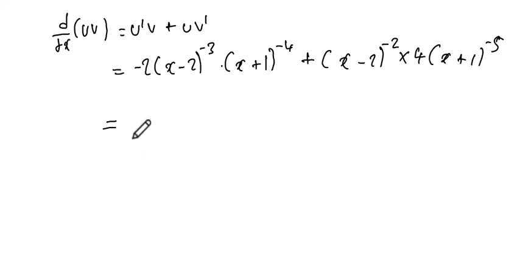Henceforth we're going to bring back, for example, when we have a to the power of negative n, this is just the same as 1 over a to the power n. So we're going to now bring back this.